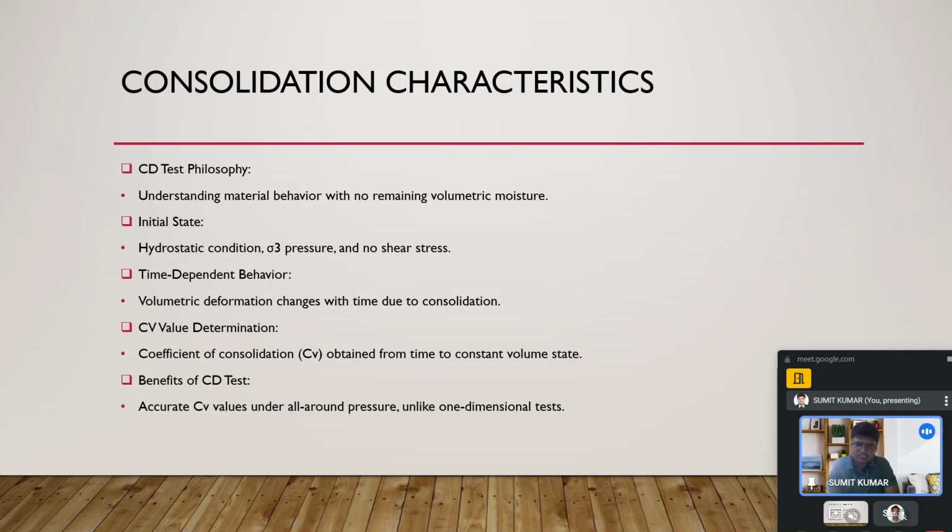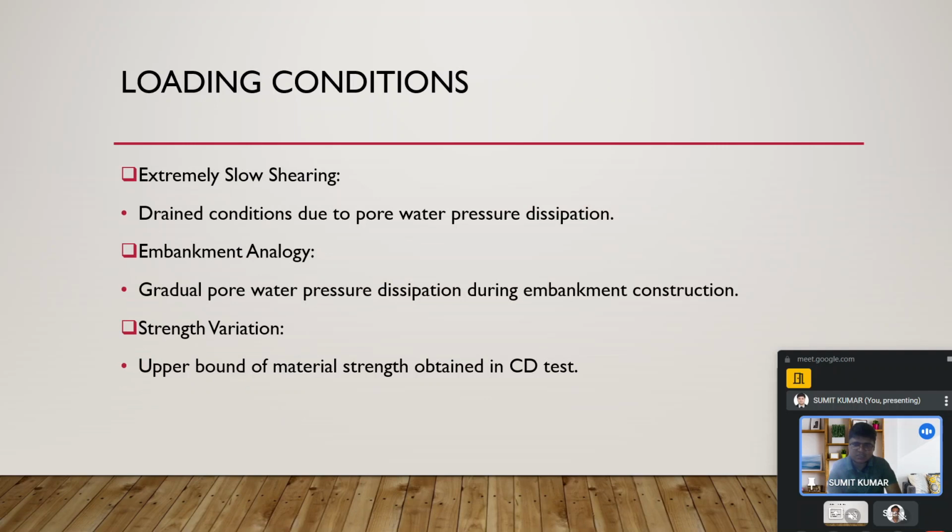Another benefit of the consolidated drained test is that we get the accurate value of coefficient of consolidation under all round pressure. It is unlike the one dimensional state, so it represents the real value of coefficient of consolidation, and we get a better idea about the consolidation settlement in a field.